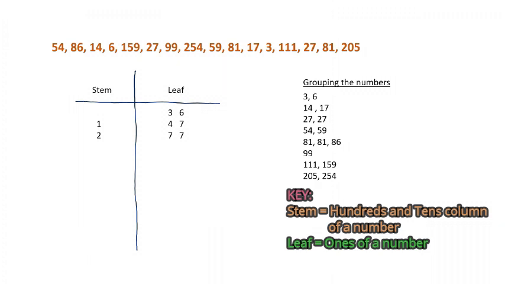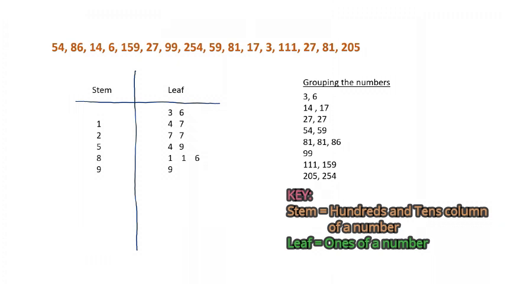The next one, I put a 5 in the stem column and a 4 and a 9 to represent 54 and 59. Likewise with the 81s and 86, I put 8 in the stem column and a 1 and another 1 for the second 81 and a 6 for the 86. 9 in the stem column, 9 in the leaf column represents 99.